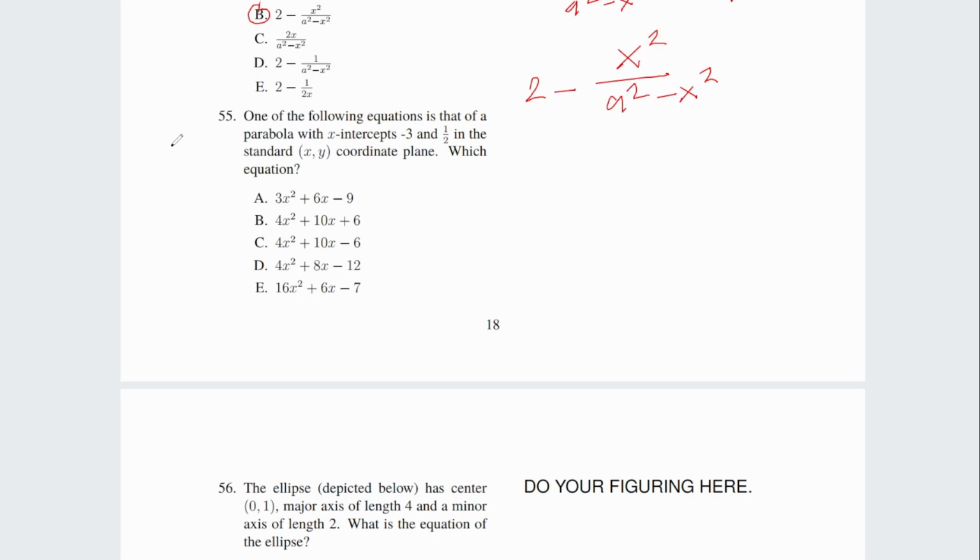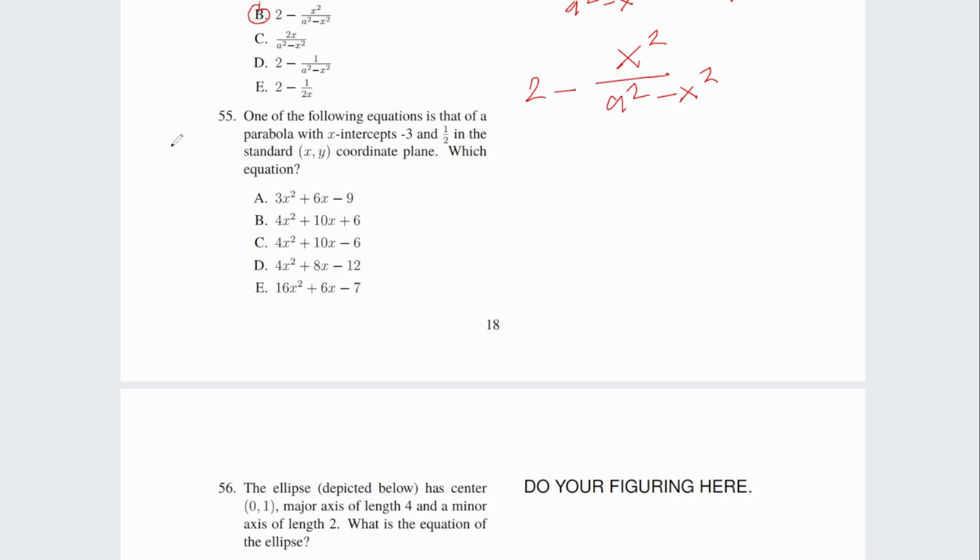Question 55 asks, one of the following equations is that of a parabola with x-intercepts minus 3 and 1/2 in the standard xy coordinate plane. Which equation? So we need to find the parabola with x-intercepts of minus 3 and 1/2, which means the zeros are minus 3 and 1/2.